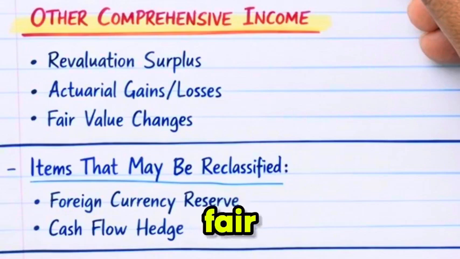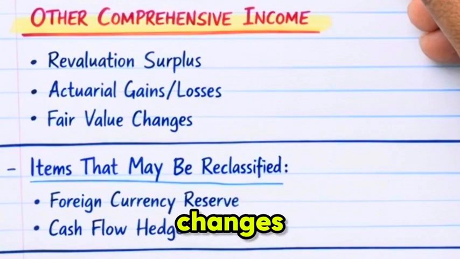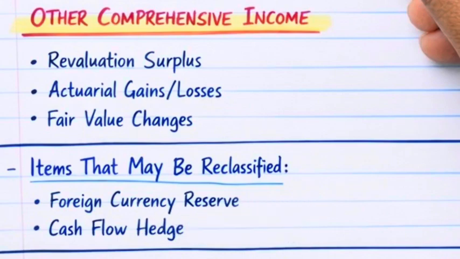Now, if there are fair value changes, you will also adjust this. Fair value changes will also come in here. Some will be added or deducted as the case may be, depending on the nature, whether it is adding to your profit or whether it is a reduction of your profit.